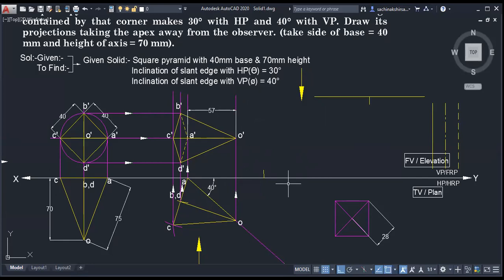True angle, true inclination. From here we want to give angle 30, so let us take 30 and 75.